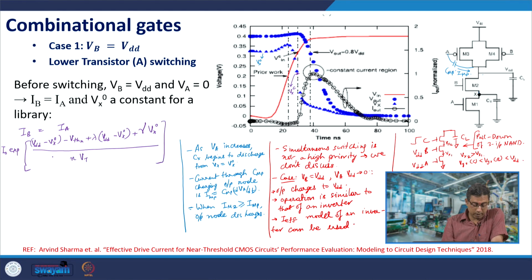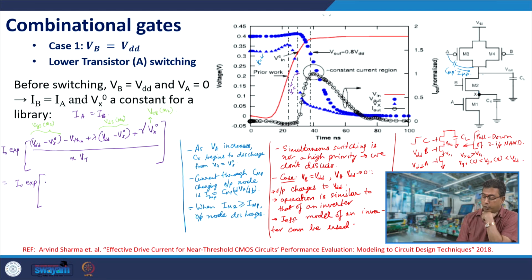So, what are all these? Let us label all this. This is VGS of M2, VDS of M2, VSB of M2. Now, this is equal to IB, which is again I naught exponential. What is the VGS?